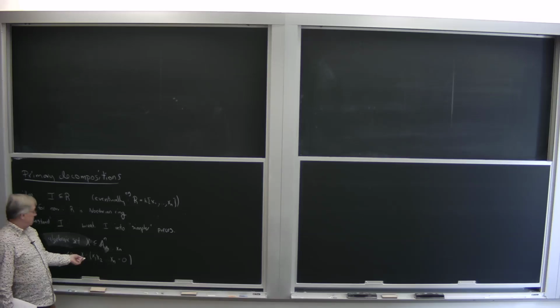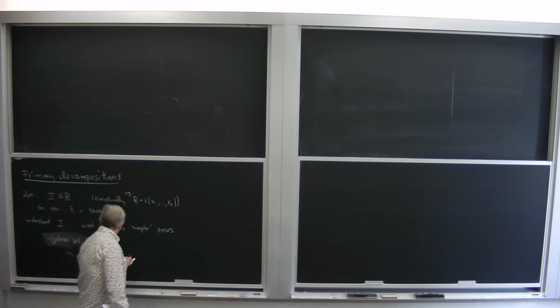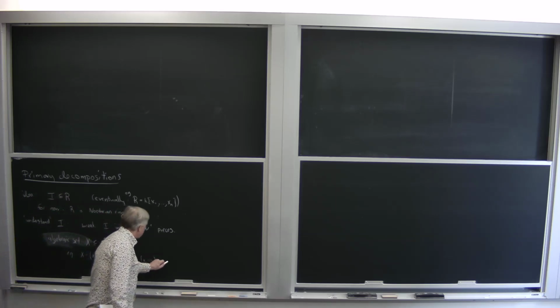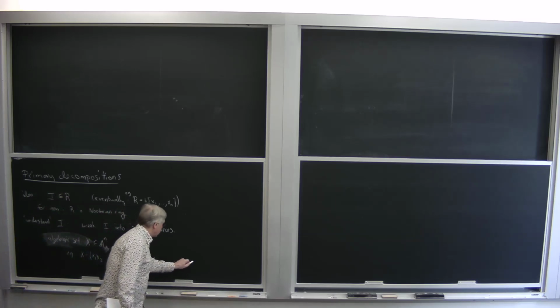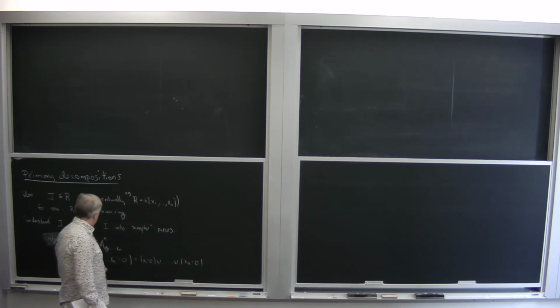This is a really simple one, but this is equal to the zero set of x1 equals 0, union ... union xn equals 0.